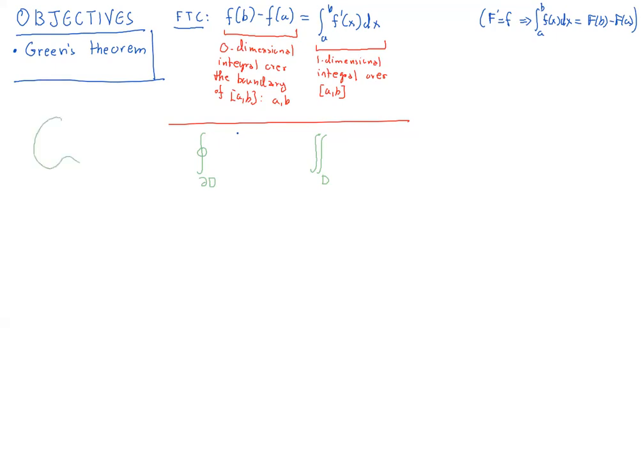I start with a simple closed curve. What is a simple closed curve or a simple closed path?